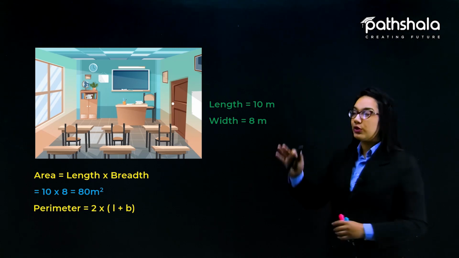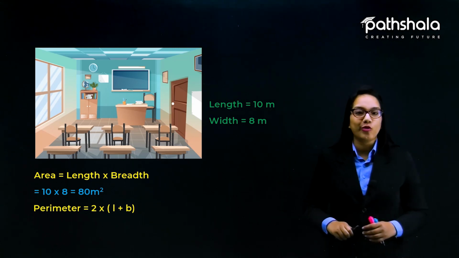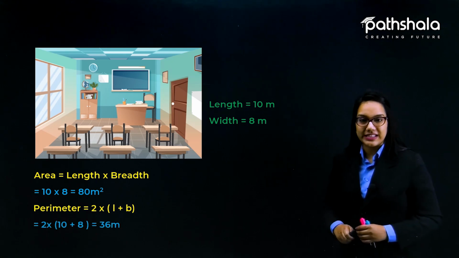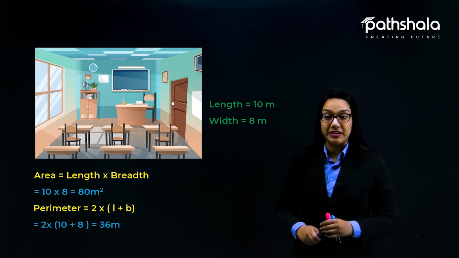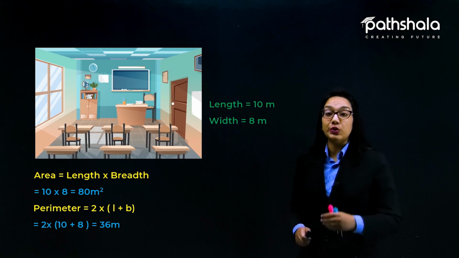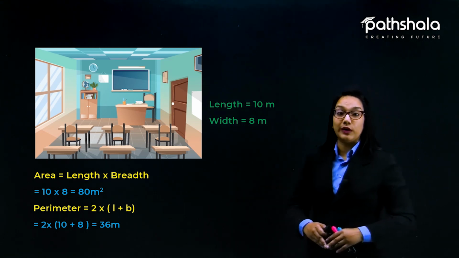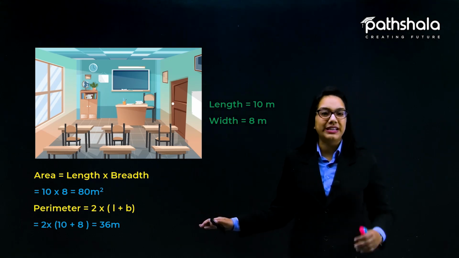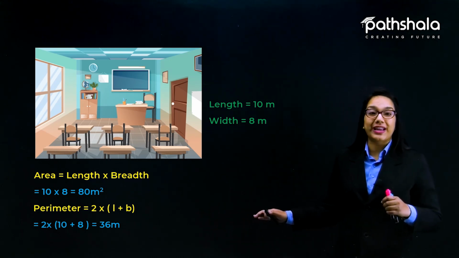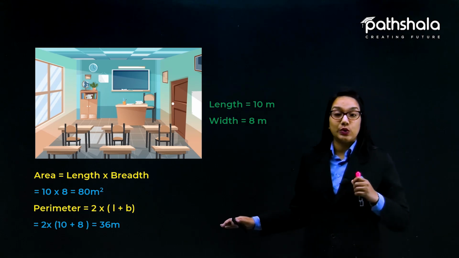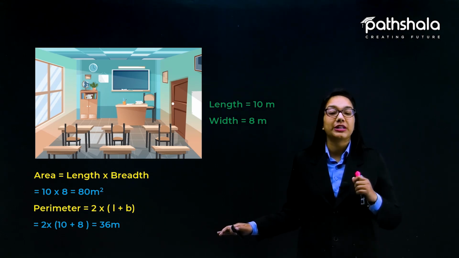Substituting length as 10 meters and breadth as 8 meters, we get 2 into 10 plus 8, that is 18 into 2, which is equal to 36 meters. The unit of measurement is meters, so the answer for the perimeter is 36 meters.